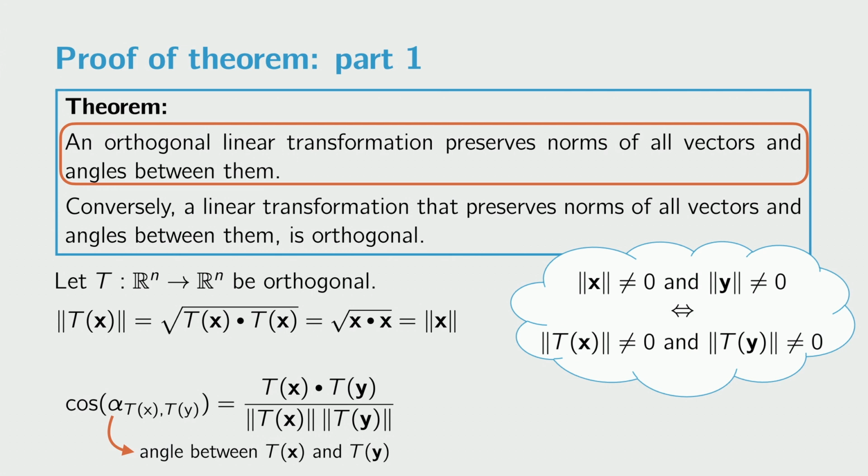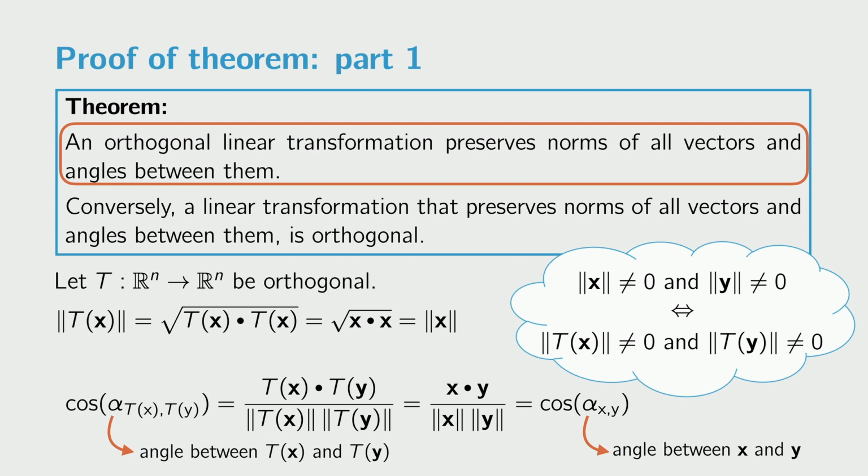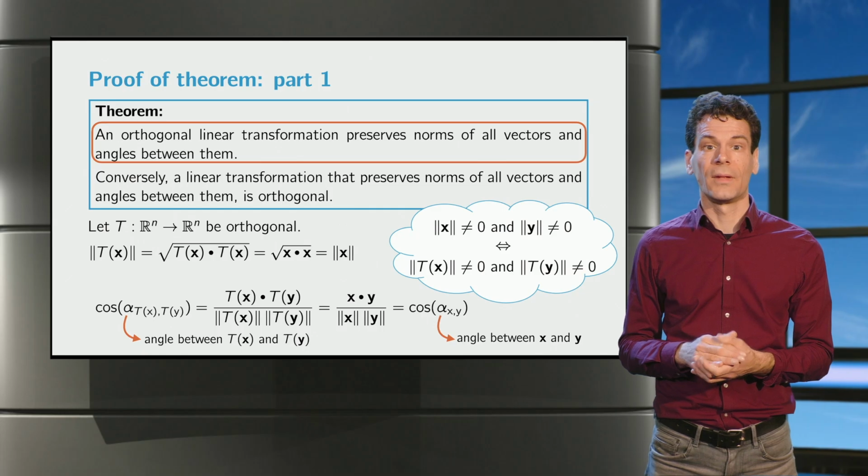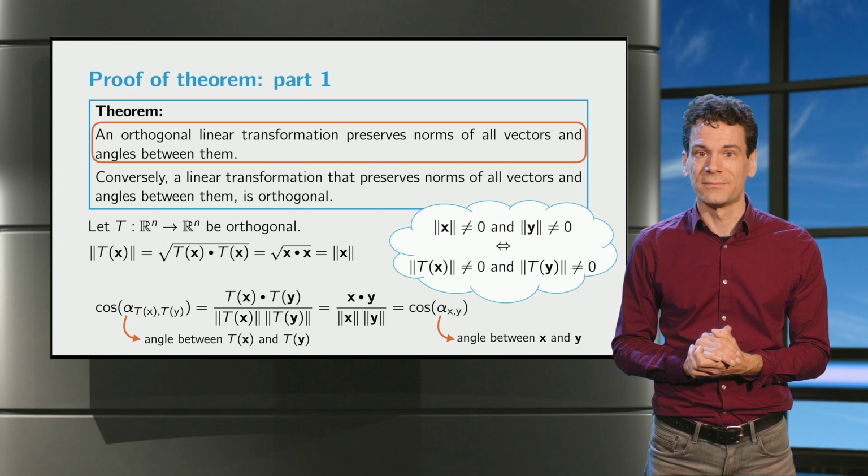Since T preserves the dot product and norms, this is equal to x dot y divided by the norm of x times the norm of y. This is the cosine of the angle between x and y. Since both angles are between 0 and pi, we conclude that they must be equal. This proves the first part.